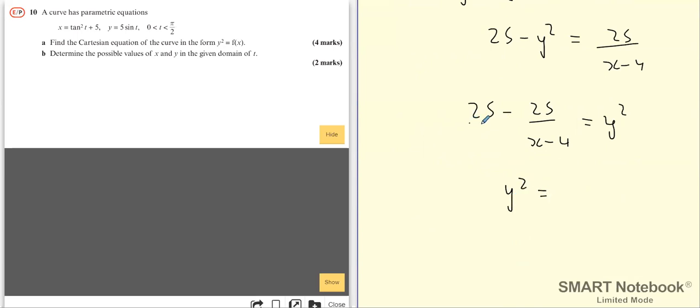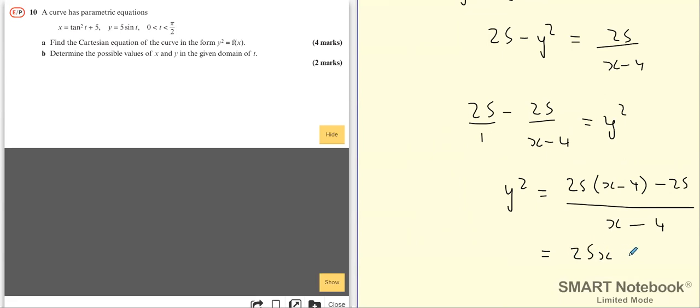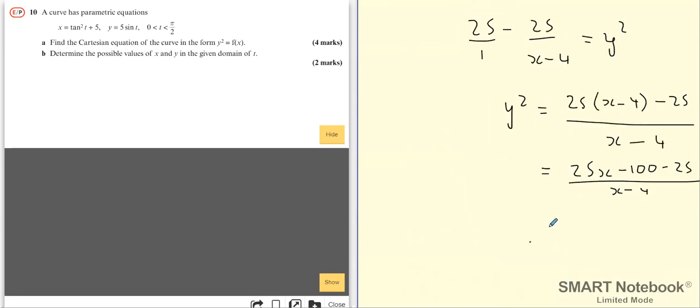Or the other answer, if I treat this as two fractions and I cross multiply, we get 25 times x minus 4 minus 25 all over x minus 4. And if I simplify this, we get 25x minus 100 minus 25 all over x minus 4, which is minus 125 over x minus 4.